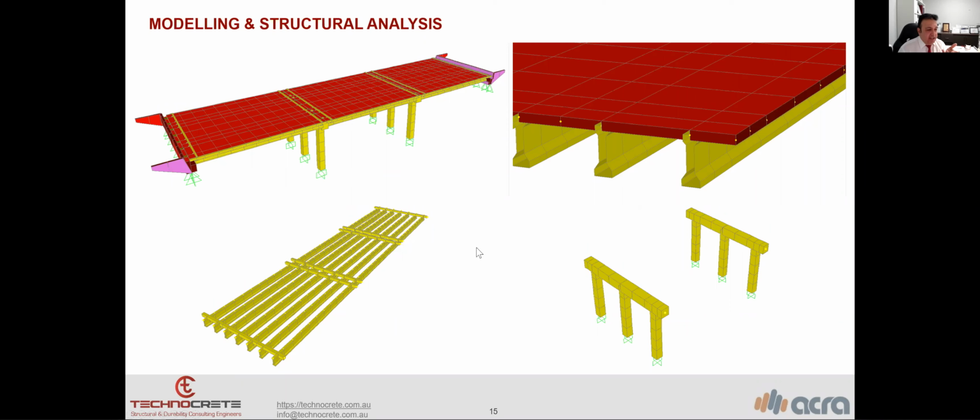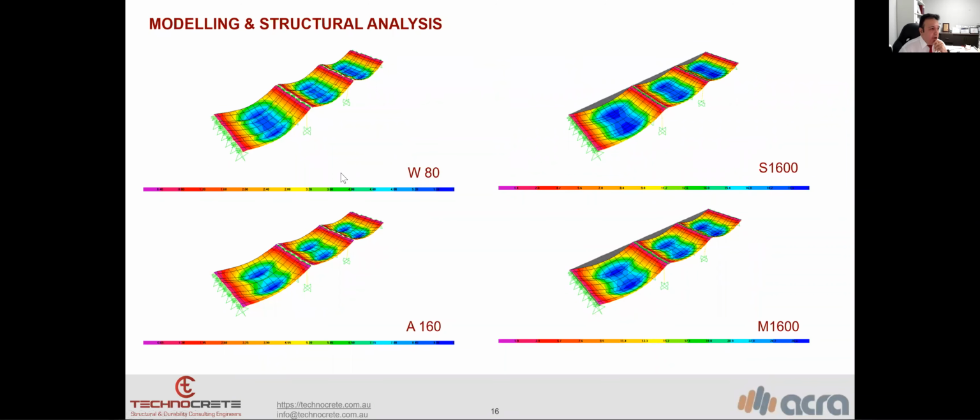We modeled this in order to determine the structural performance of the bridge under the exposed loading based on AS 5100. This is the outcome after loading for different types of vehicles. You can see the different deflection in our deck.